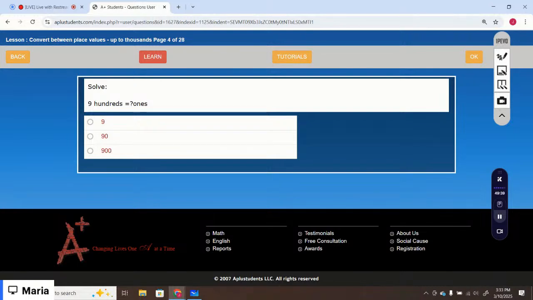Nine hundred is equal to how many ones? Nine hundred is equal to 900 ones. Option number 2 is the correct option.